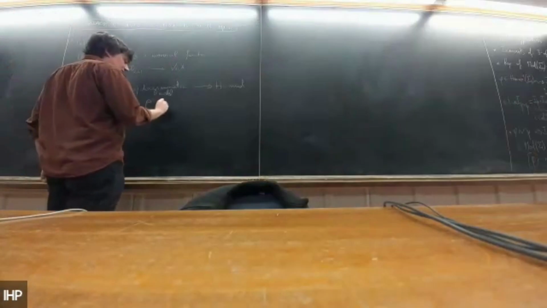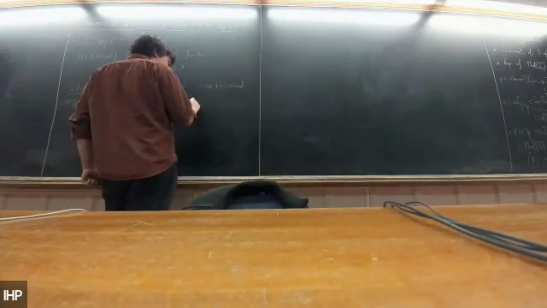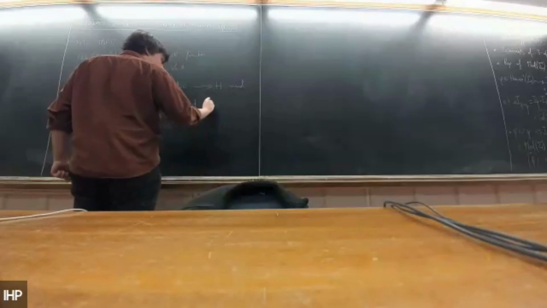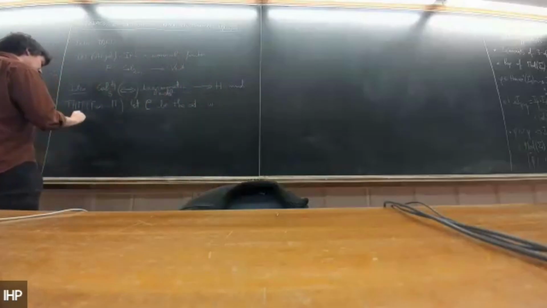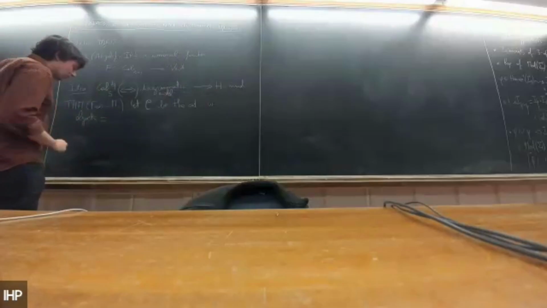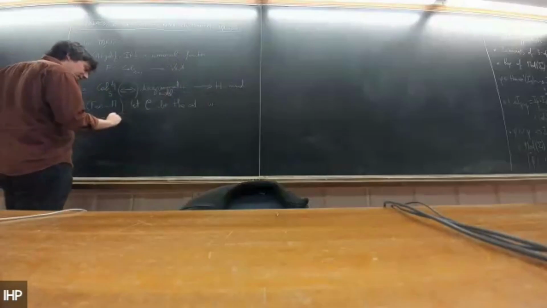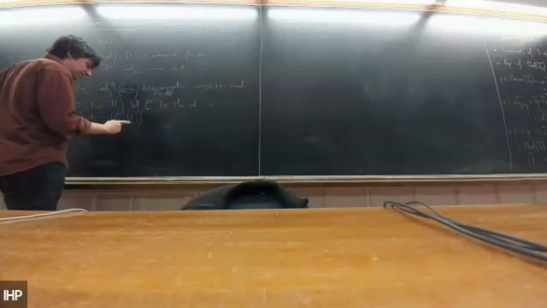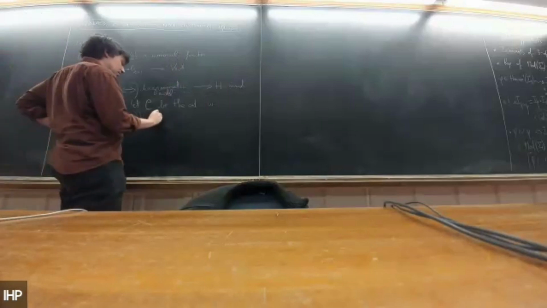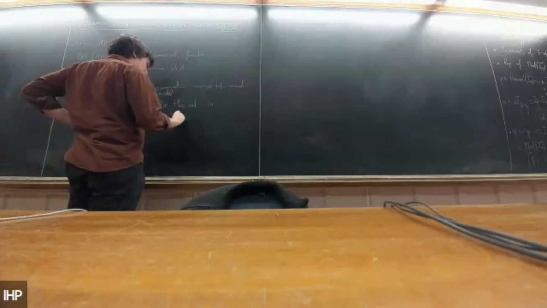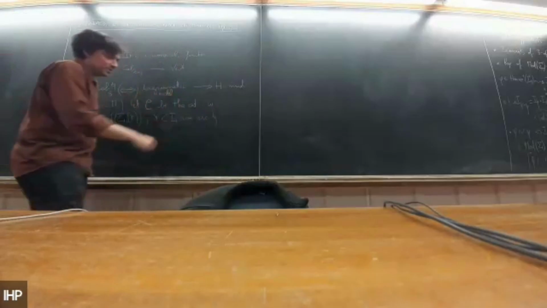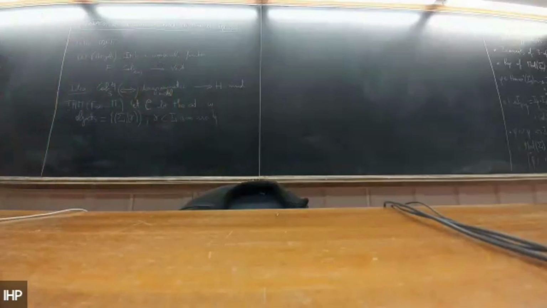Let C be the category where objects are the set of tuples: a surface sigma together with an isotopy class of gamma, where gamma is an arc. What does it mean, an arc? It means a simple curve that goes from the boundary.